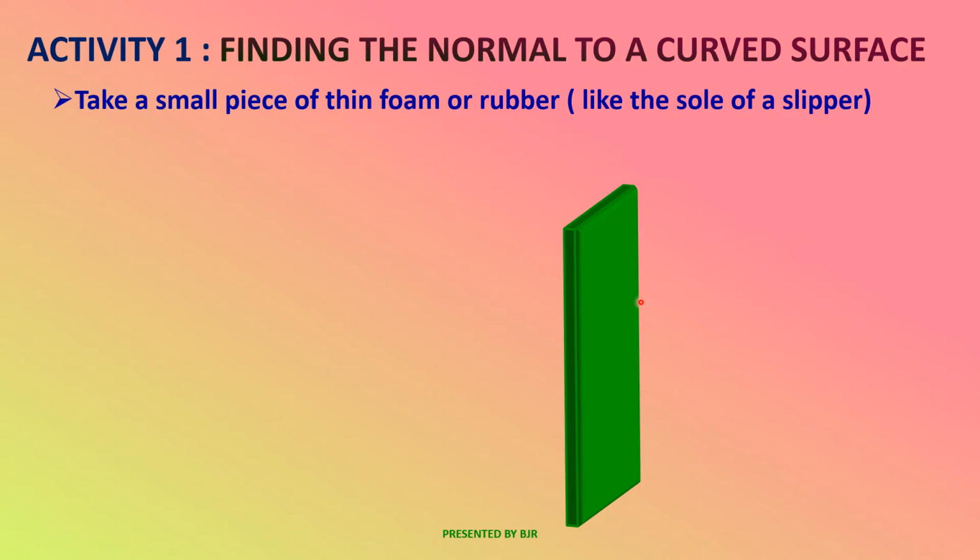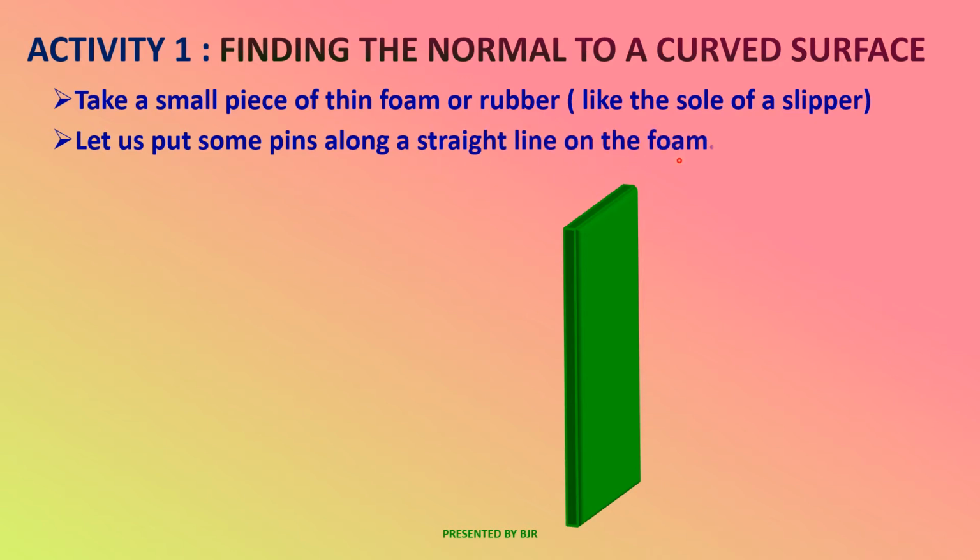Now I am going to put some pins along a straight line on the foam like this. Observe carefully. Let us put some pins along a straight line on the foam. Somewhere here on this line I am going to put some pins or nails.